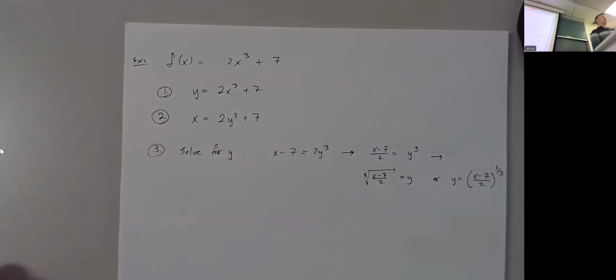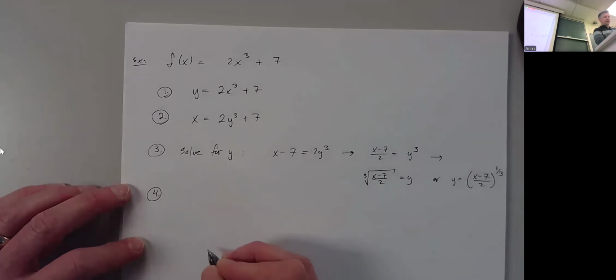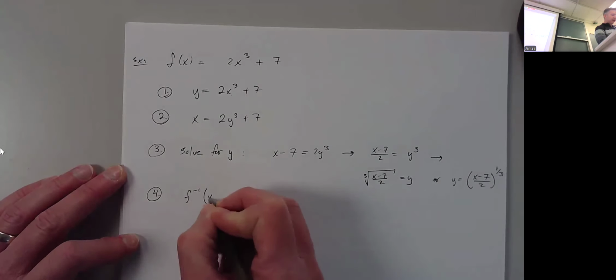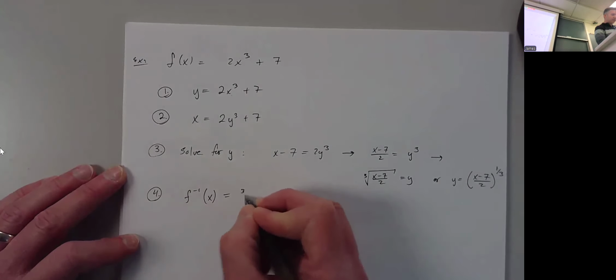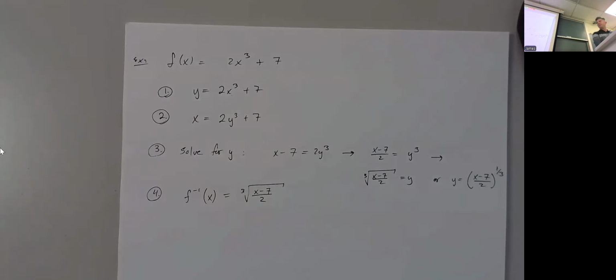Equivalent expressions. So the last step, also kind of a non-step, but I'm going to write it anyway. We rewrite it as f inverse of x equal to the cube root of (x minus 7) over 2. That's the process for finding an inverse function.